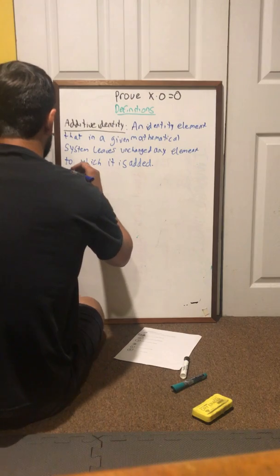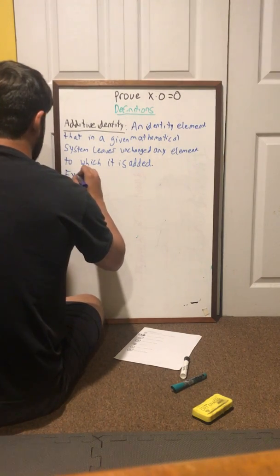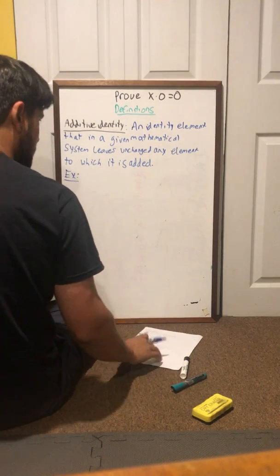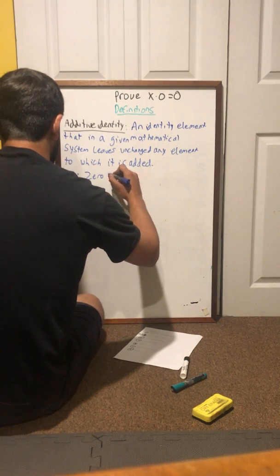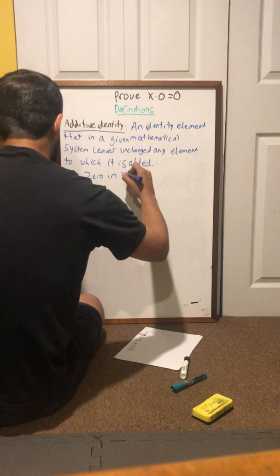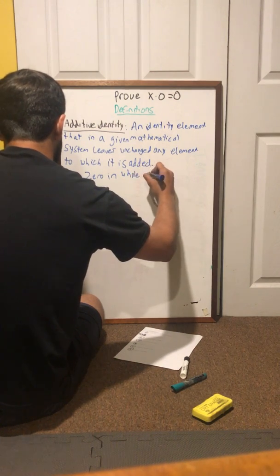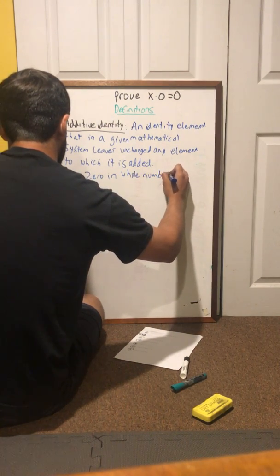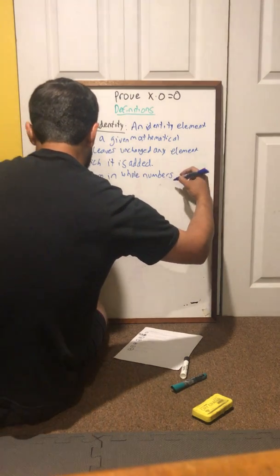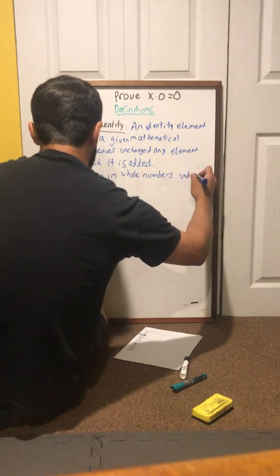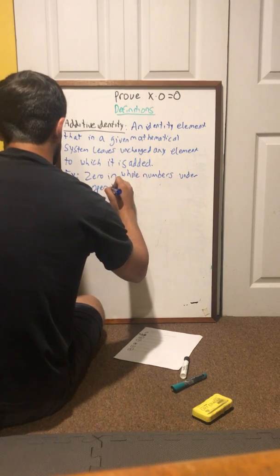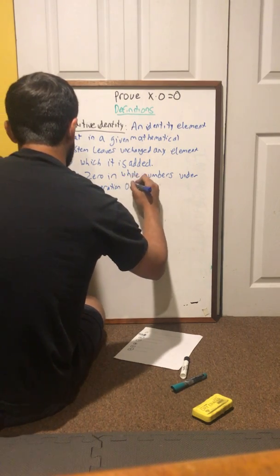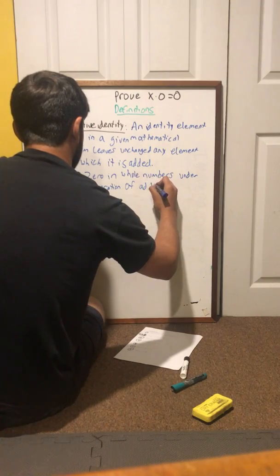And now we'll just provide a little example, which is also going to be applicable to this proof. Okay, so 0 in whole numbers under the operation of addition.